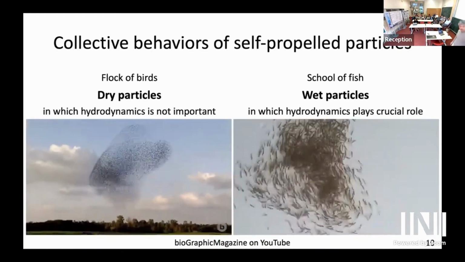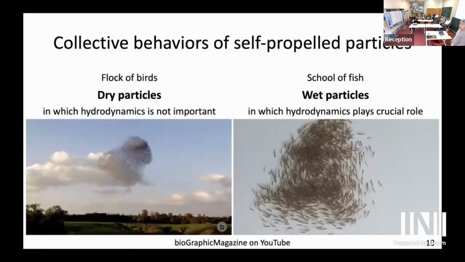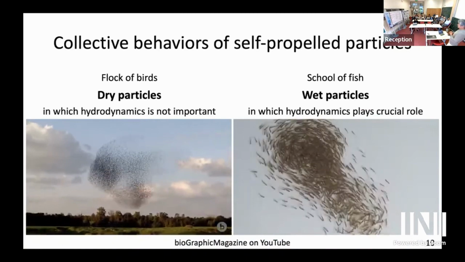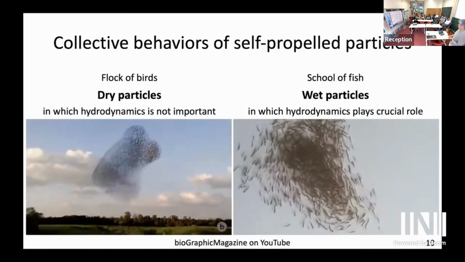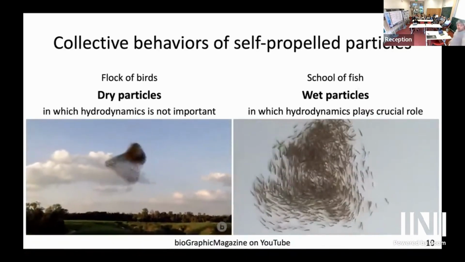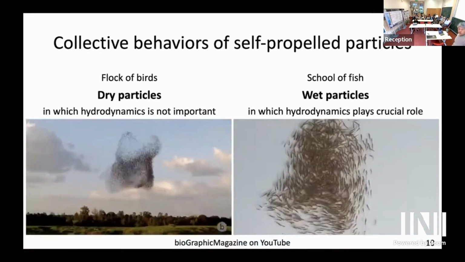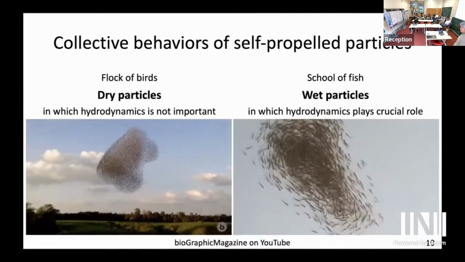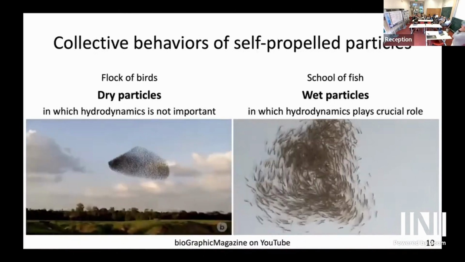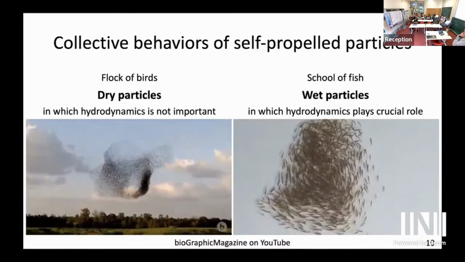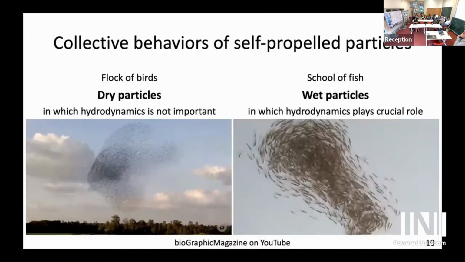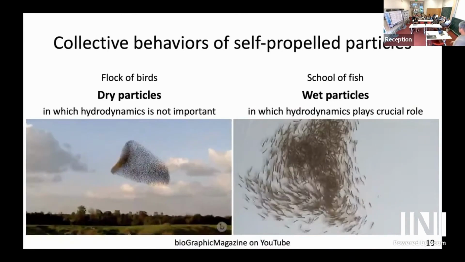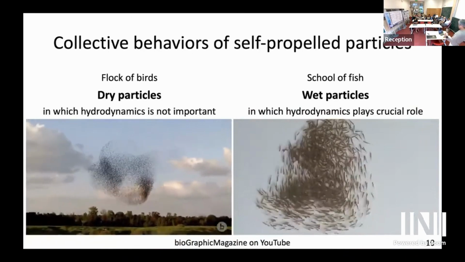For a flock of birds, we believe that the hydrodynamic interaction between bird and bird is not so important, at least we believe. Therefore, this type of system is called a dry particle system. And for a school of fish, we can believe that the hydrodynamic interaction plays some role. Therefore, this type of system can be called a wet particle system. So I want to distinguish these two.